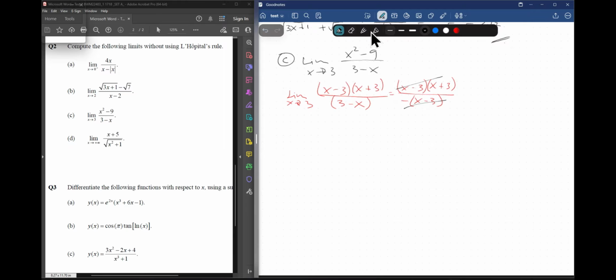So at the end we have x plus 3 over minus 1 in this case, so in other words, we have minus x minus 3. If we substitute x equals 3, we have minus 3 minus 3. It is equal to minus 6 overall for the answer for part C.